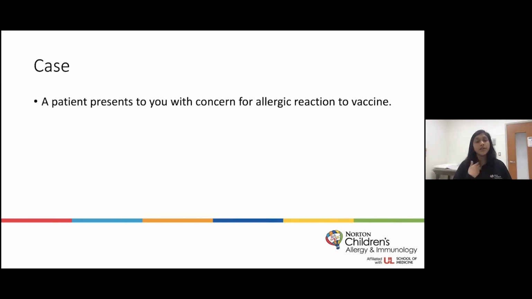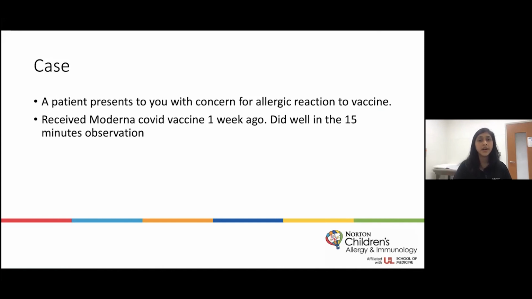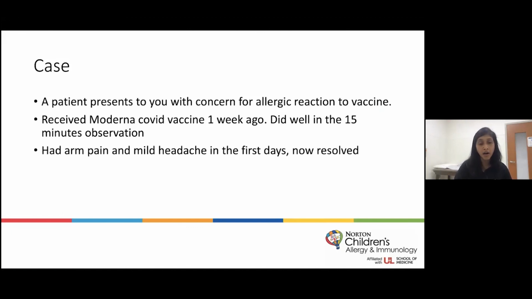This is another delayed reaction that I do want you all to be aware of because it is relatively common. I've even had some relatives develop this reaction after Moderna. So this patient in particular, which was reported by the Boston group, received Moderna 1 week ago, did well in the initial 15-minute observation period, but had arm pain and headaches in the first few days.